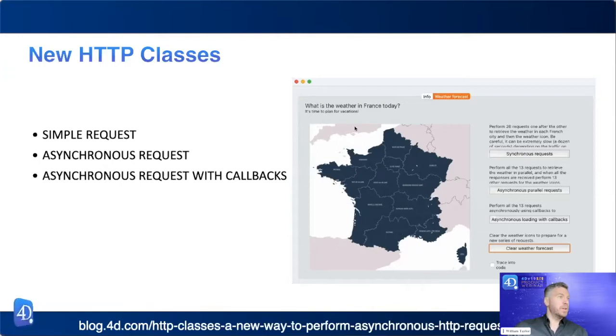And here's a really cool demo on how HTTP requests can be done either synchronously, asynchronously in parallel, or asynchronously loading via callbacks. So here's a map of France. If you do it synchronously, one after the other, it takes longer. And you'll see the asynchronous and the asynchronous with callbacks go faster.